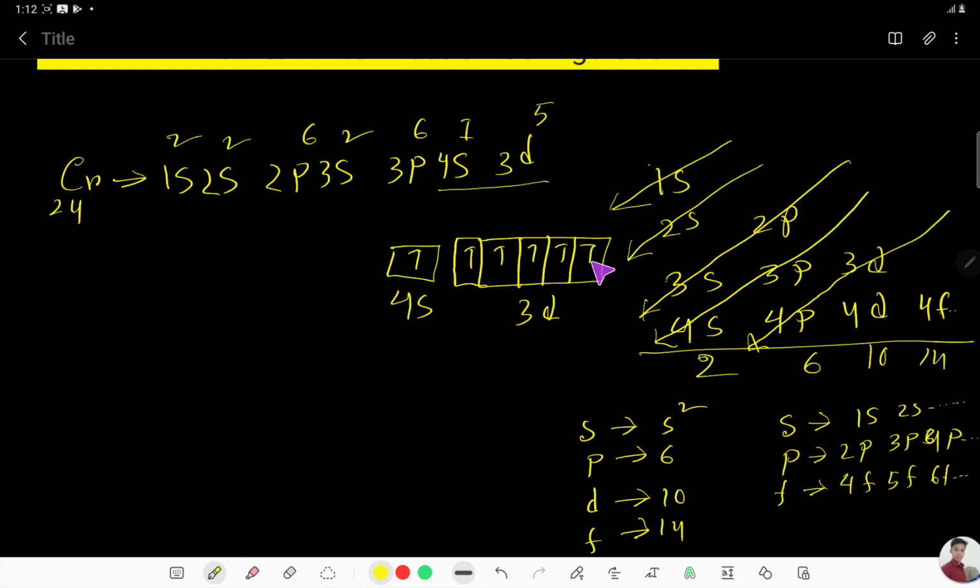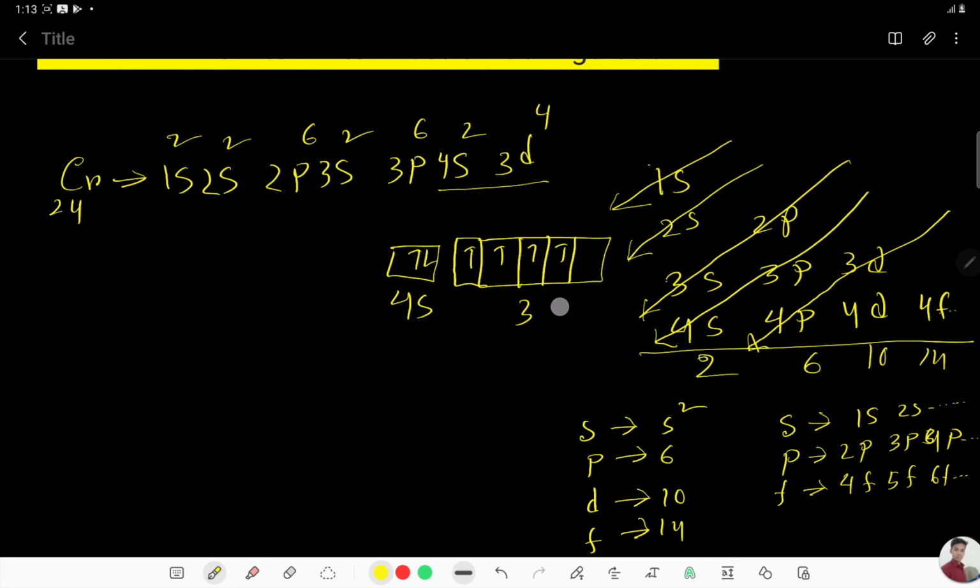So we have 6 unpaired electrons in chromium. But if you place 2 here and 4 here, then how many unpaired electrons do you get? Just 4, which is wrong. For chromium you have to place 1 more electron in the d subshell, right?